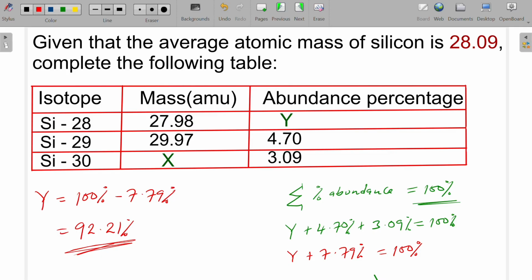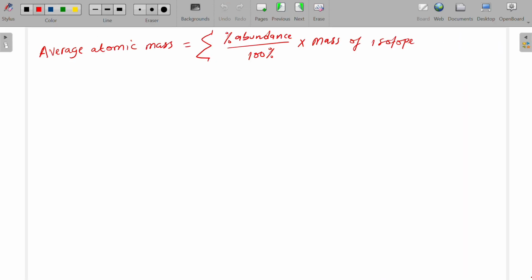Now for the second part, we need to find the value of X. How do we find this value of X? We need to use the average atomic mass formula, since we're given the average atomic mass in the question. The formula says average atomic mass is equal to the sum of the percentage abundance divided by 100 multiplied by the mass of the isotope.